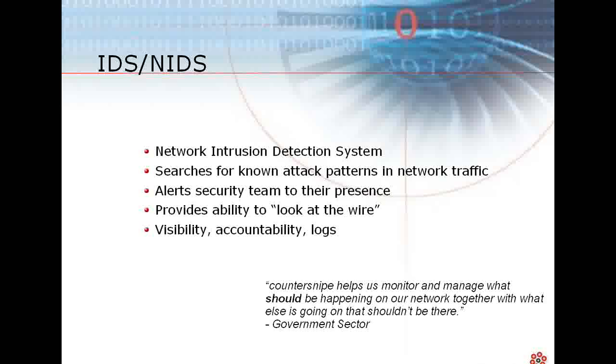Let's look at the IDS overall, especially network IDS, because that's what CounterSnipe software is, a network intrusion detection system. A network intrusion detection system exploits the weakness in the TCP/IP protocol.